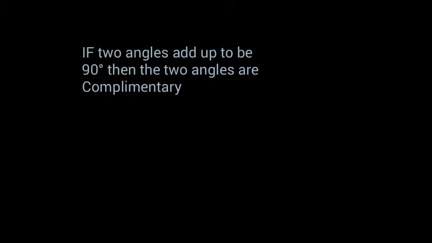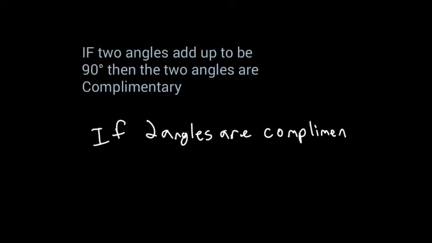Alright, so let's see if this conditional statement is true. If two angles add up to be 90 degrees, then the two angles are complementary. That's a true conditional statement. So let's see if the converse is true. If two angles are complementary, then the two angles add up to 90 degrees.